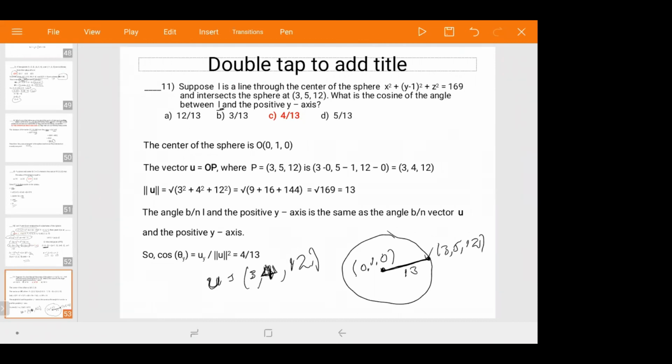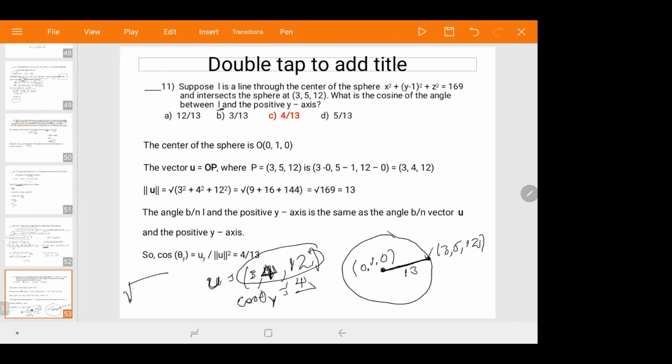So the cosine of the angle that L makes with the positive y-axis is the same as the angle that this vector makes with the positive y-axis. The cosine of this angle is nothing but the y-coordinate, that is 4, over the norm of this vector. What is the norm of this vector?